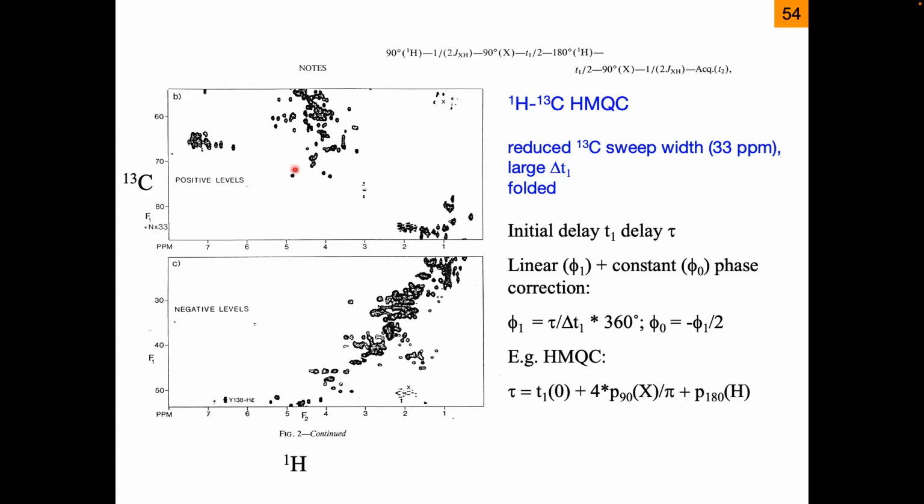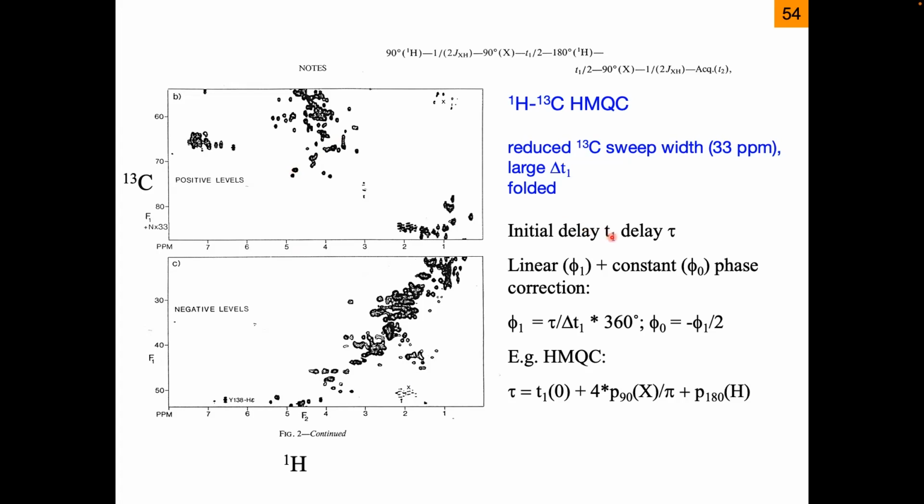And this first order phase correction is directly following from the effective evolution time that your spins make until you sample the first data point.